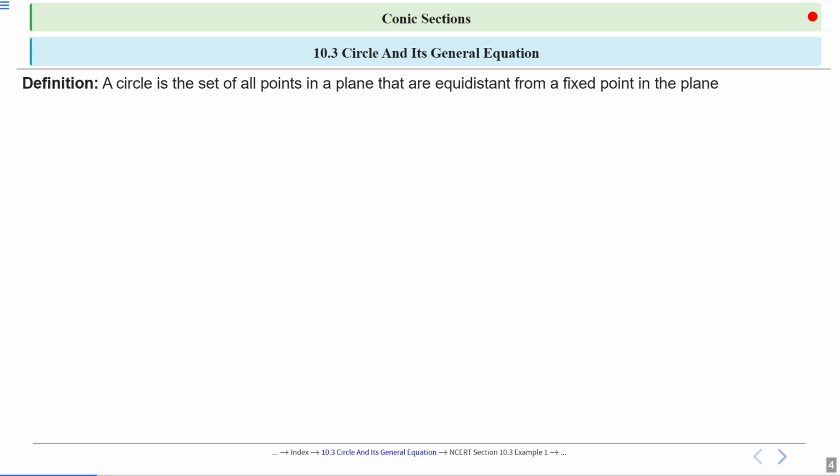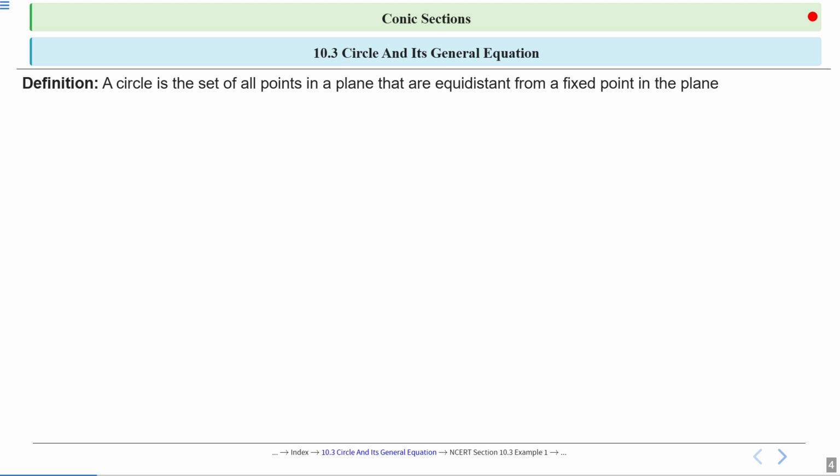So what is the definition of a circle? A circle is the set of all points in a plane that are equidistant from a fixed point in the plane. Suppose you have a fixed point, and if we move a point so that it stays equidistant from the fixed point in a plane, then we will get a circle.